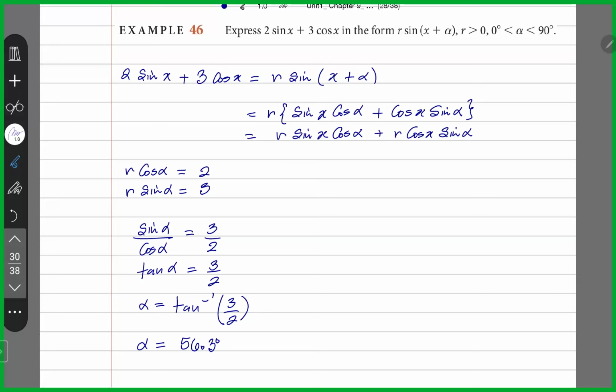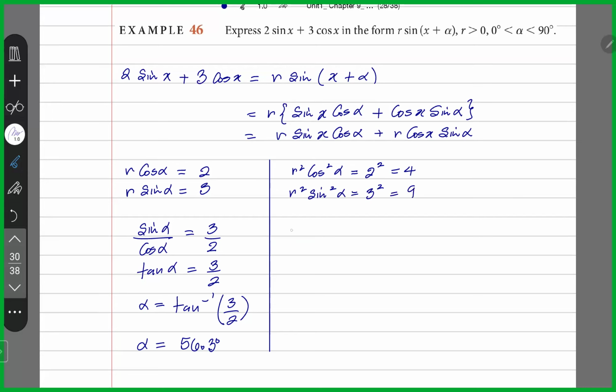So now let's move on to find R. We know that R squared cos squared alpha is 2 squared, which is 4, and R squared sine squared alpha is 3 squared, which is 9.